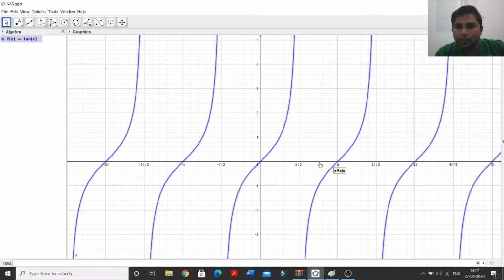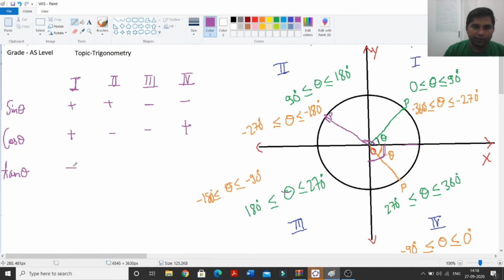Between 90 to 180 it is below the x-axis, meaning negative. Between 180 to 270 it is positive, and 270 to 360 it is negative. So tan theta is positive in the first quadrant, negative in the second, positive in the third, and negative in the fourth. In terms of quadrants, we understood which trigonometric ratios will be positive or negative.